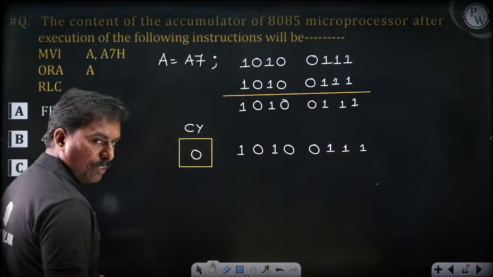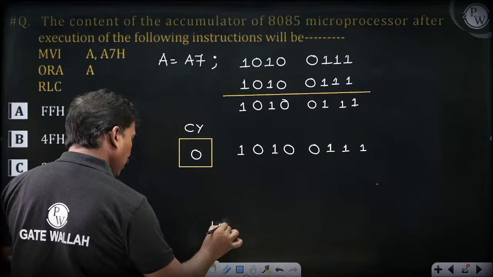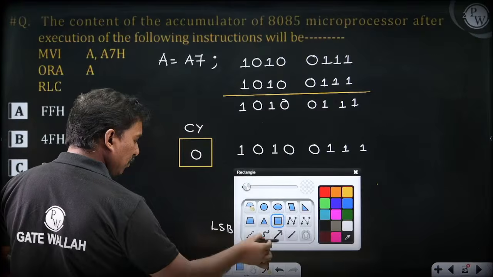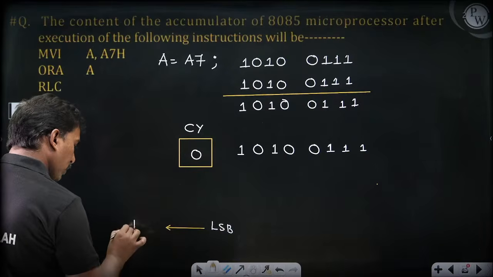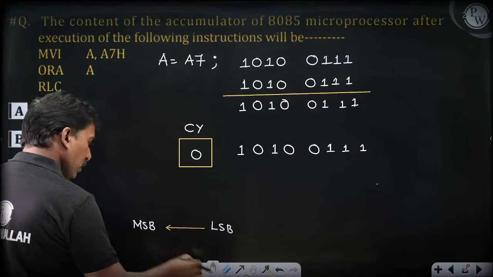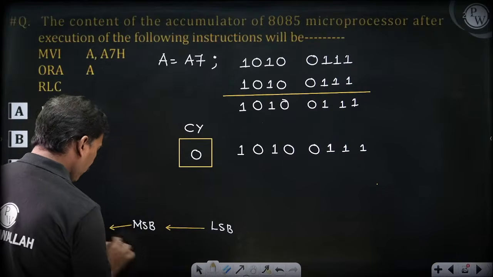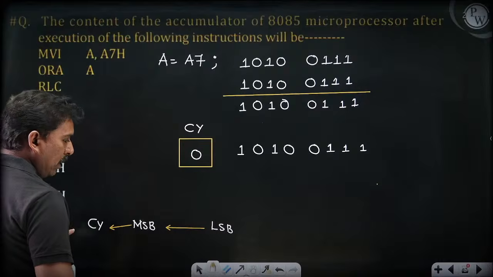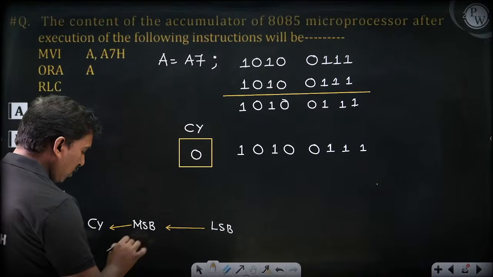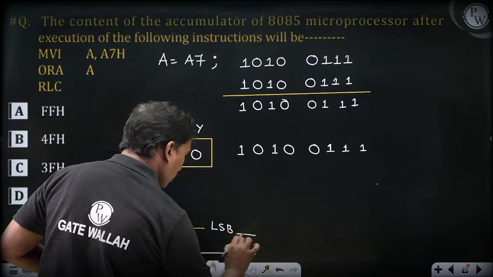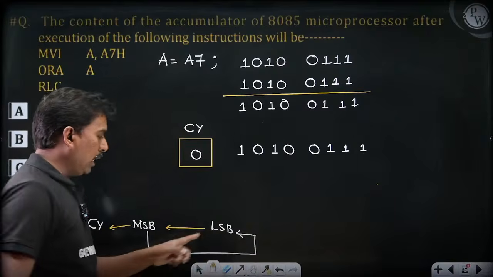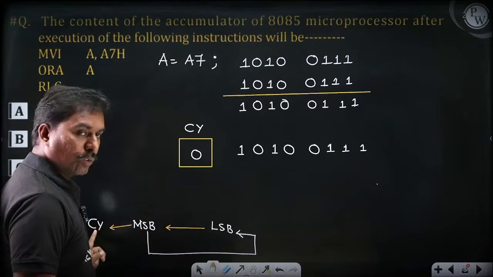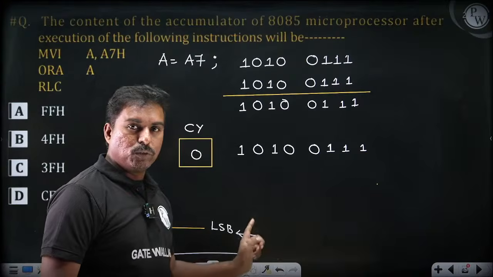RLC means MSB is shifted to carry and also comes back to LSB; LSB is shifted towards MSB. Carry will not be involved in the rotation.